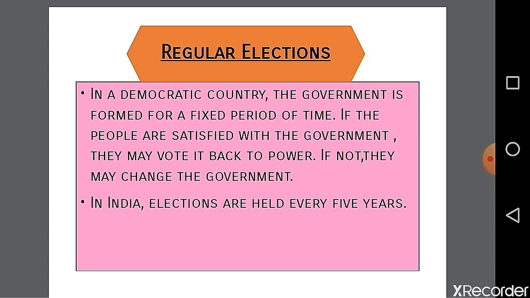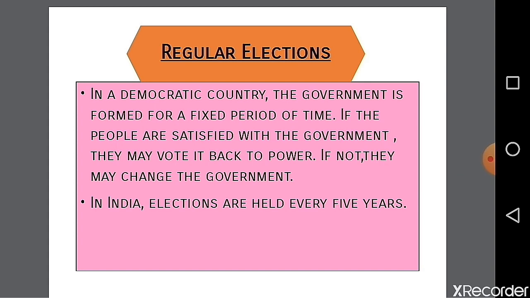This is how we choose our representative, through elections, because in India we have a representative form of democracy, we don't have direct democracy. In this type of democracy, elections are held after a fixed period of time and then the government forms. In India, elections are held every 5 years.